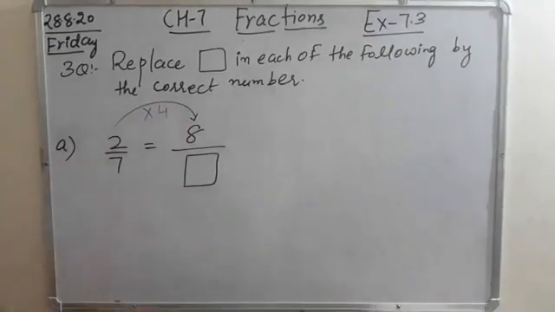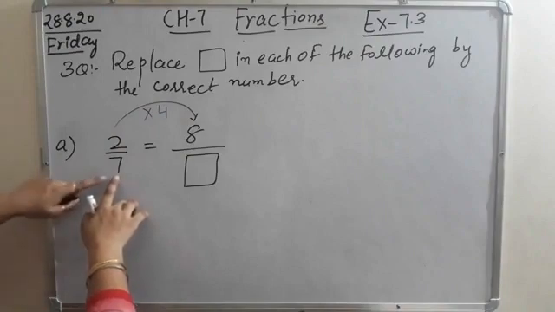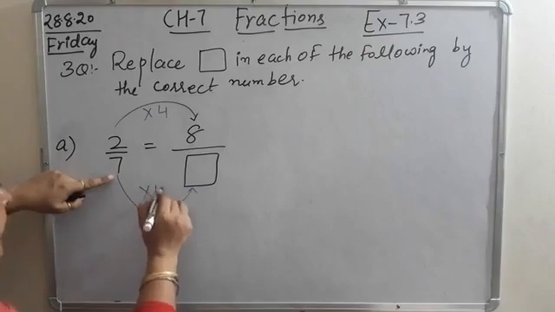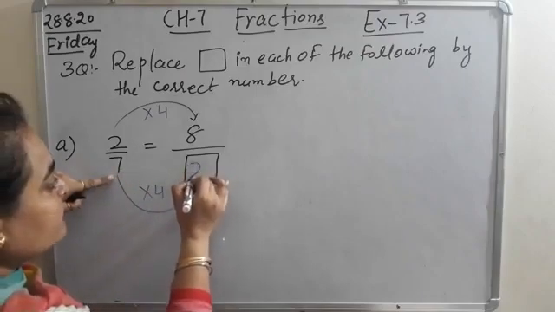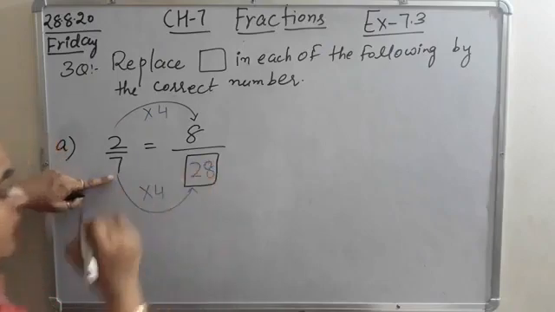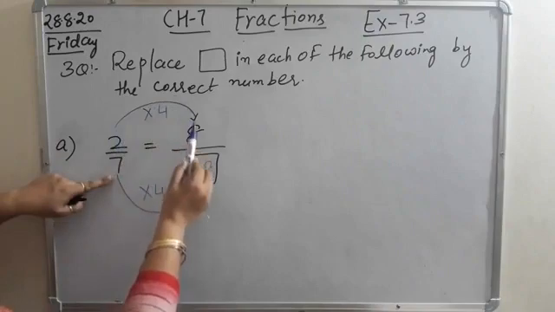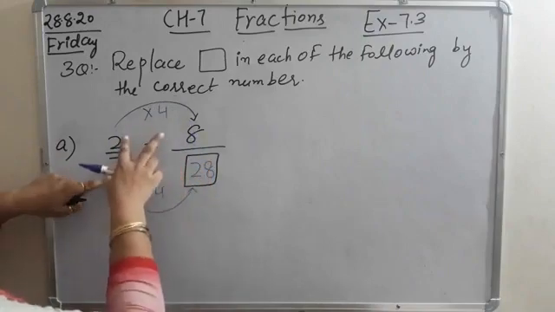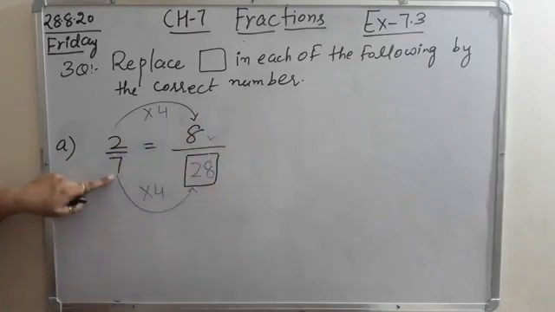So in the same way, we will do the multiplication of 7 with 4, and after multiplication you will get 28 here. I am repeating, 2 has become 8 by multiplication with 4, because numerators are already given to you in the question.